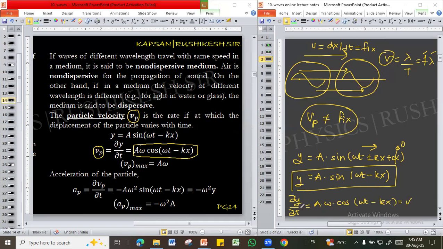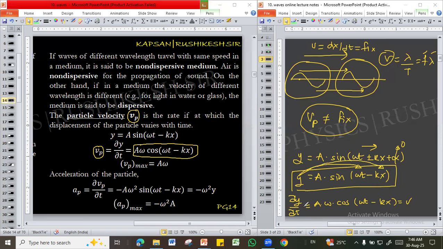Why dou y by dou t? This y not only changes with time, it also changes with position. So here we have two variables, and out of that, we are considering one variable. So variation of y is considered right now only with one of the two variables, so partial derivative.